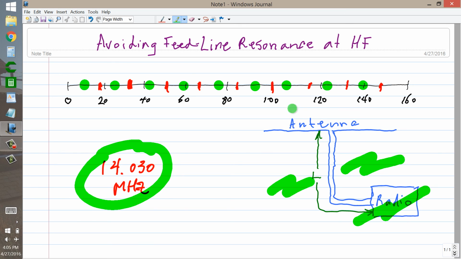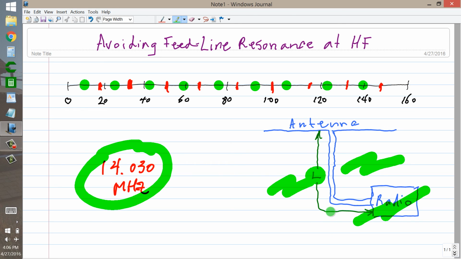You want to stay away from any length L that is an integral multiple of a quarter wavelength electrically treated as a single wire at any of your operating frequencies. And of course, if you have a real one of those 5-band antennas and things like that, you've got quite a conundrum on your hands.